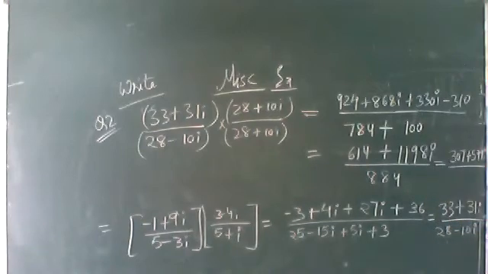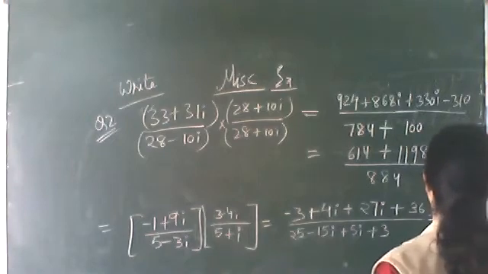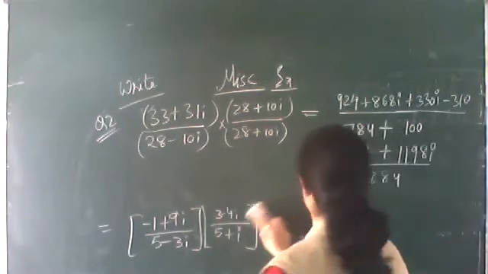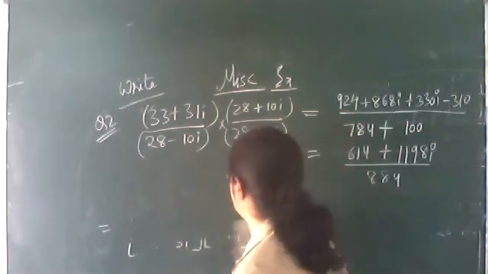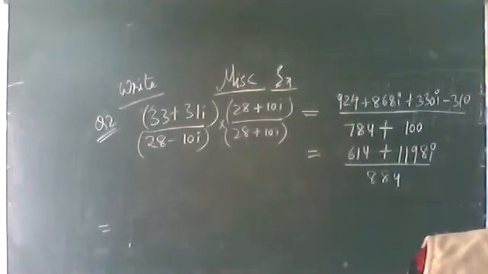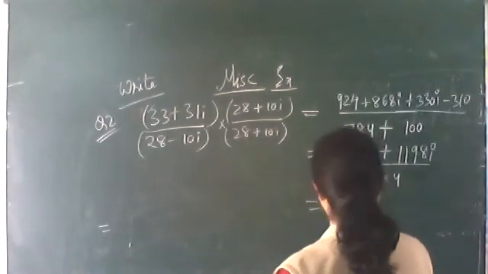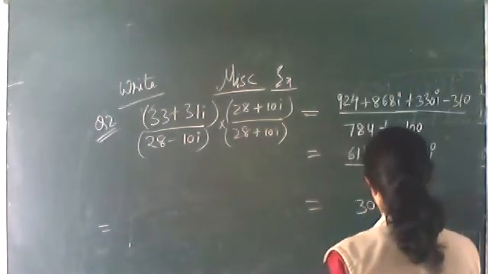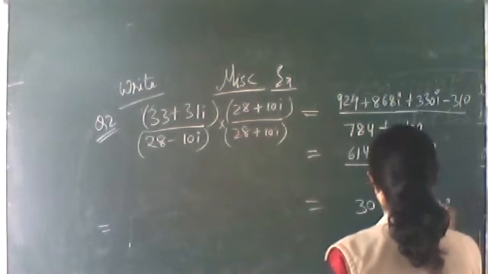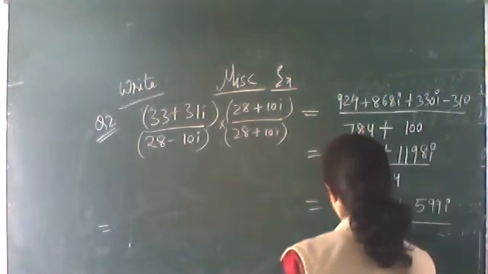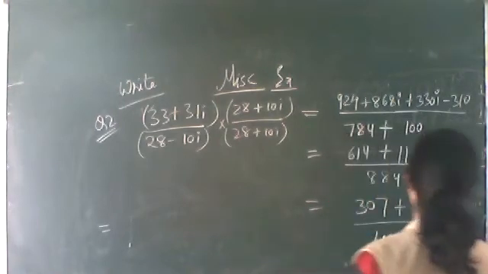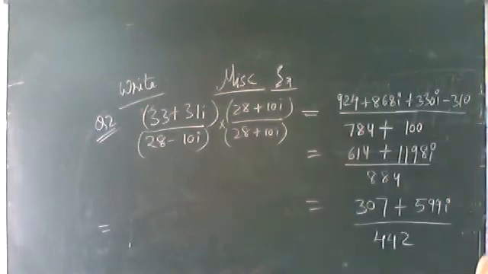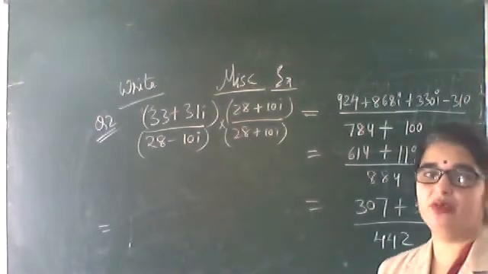It is not visible clearly, let me write it properly once again. So it will be equal to, divided by 2 you will get, 307 plus 599 iota upon 442. Clear?